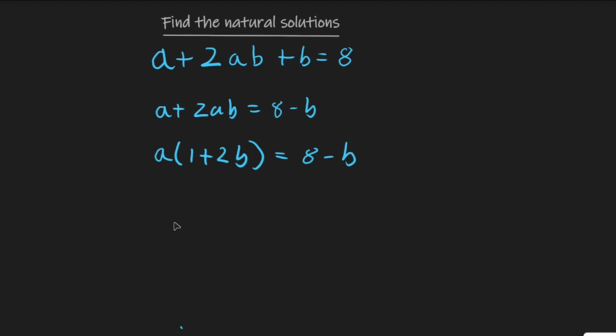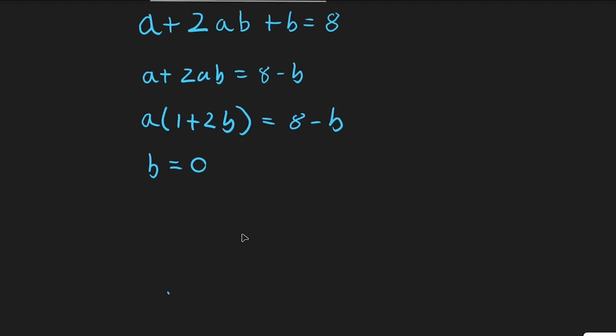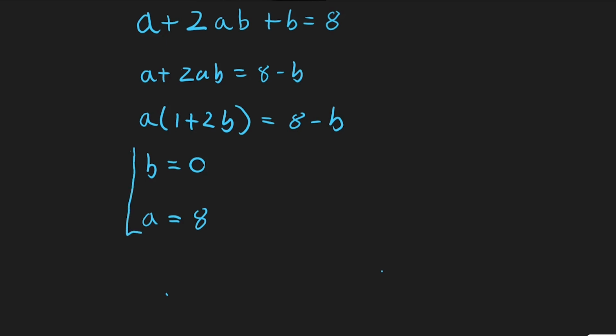And let's start out by saying b equals 0, and be ready to lynch me in the comments. I know. But we're looking at this, and then a times this parenthesis, so that's a times 1, that is just a, that equals 8 minus 0, so 0 disappears and a equals 8. Now this was one solution, and the next we're going to try out is b equals 1.